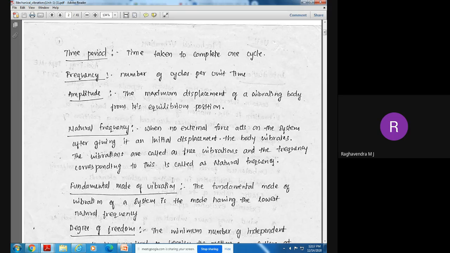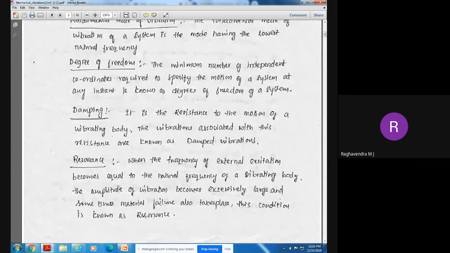That is called free vibration, and the frequency associated with the free vibration is called the natural frequency. In simple words, when no external force acts on the system after giving it an initial displacement, that vibration is called free vibration, and the frequency associated with such vibrations is called the natural frequency.